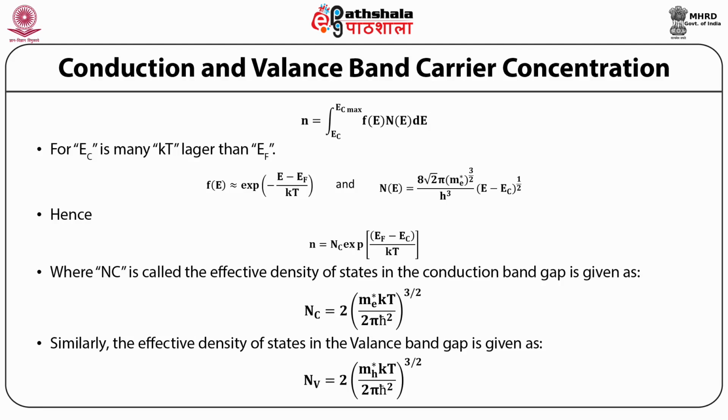Similarly, the density of holes can be written as p is equal to Nv exponential of (Ev minus EF) by kT, where Nv is called the effective density of states in the valence band, and it is given by Nv equal to 2 (2 pi mh star kT by h square) whole to the power of 3 by 2.